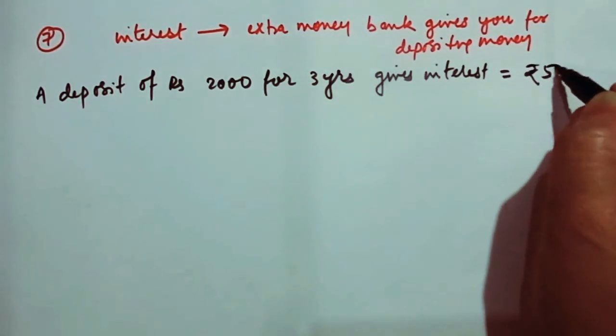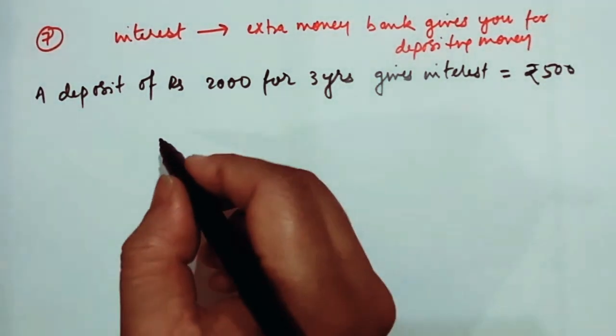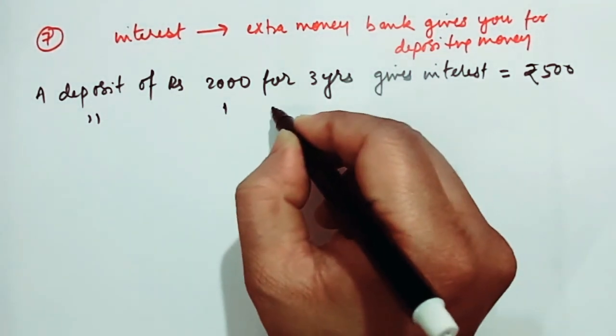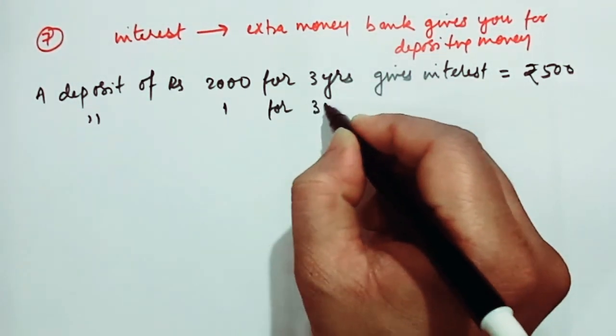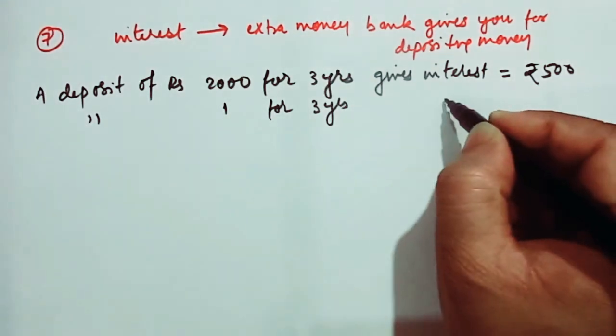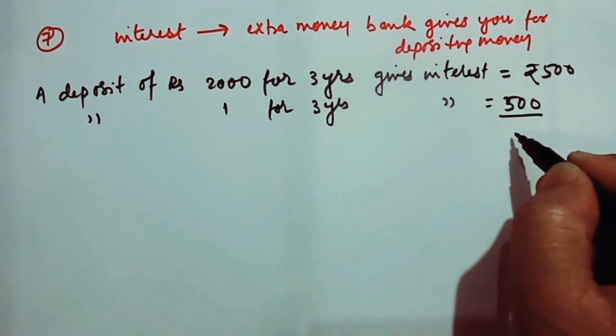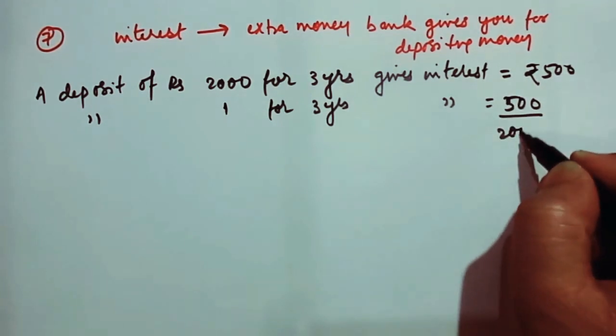Rupees 500. Very good. So if 1 rupee is deposited for 3 years, the interest will be equal to how much? It will be equal to 500 by 2000.